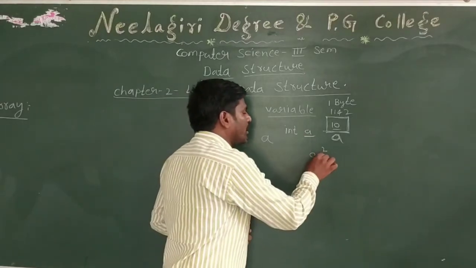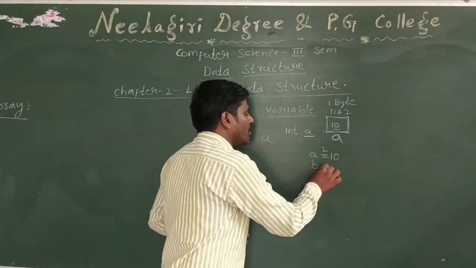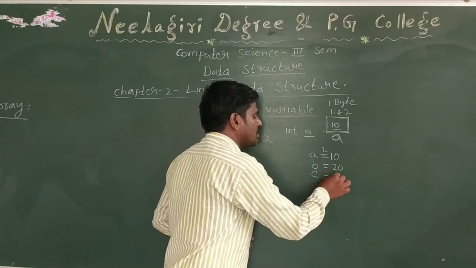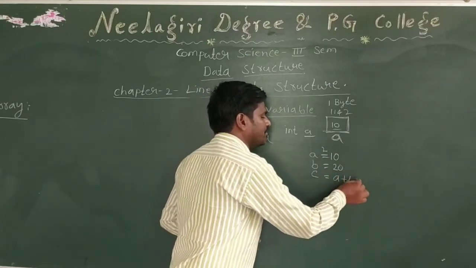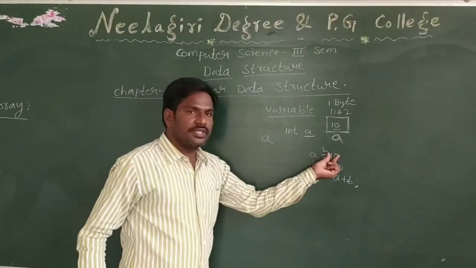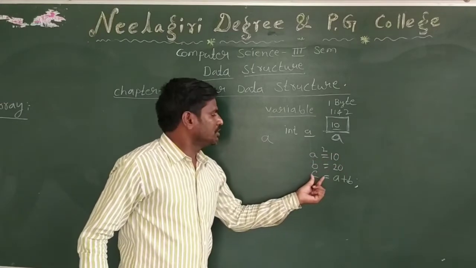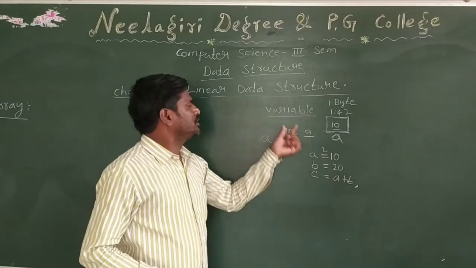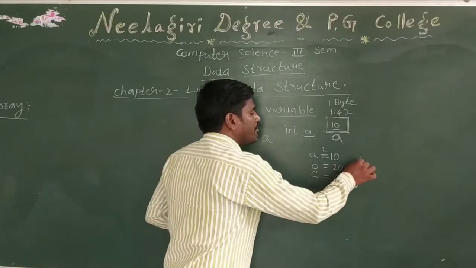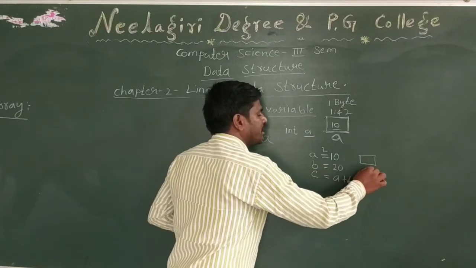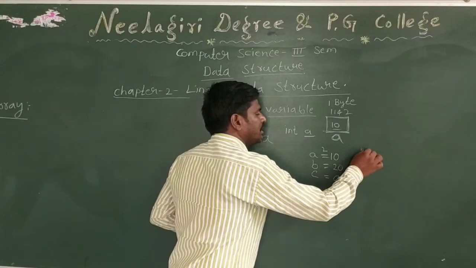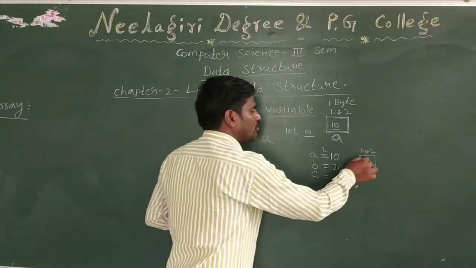Here, for example, A value is 10, B value is 20, so C is equal to A plus B. A is an individual value, B is an individual value. Automatically a memory location for A is created, for example 1142, and the value 10 is stored here.